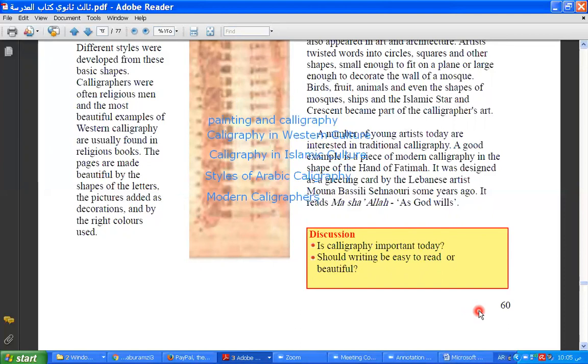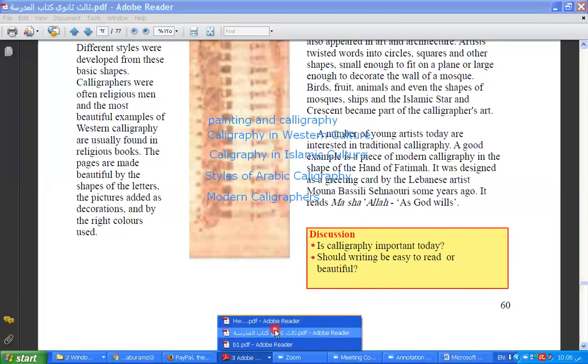But if it is a piece of art or decoration, in some places it should be beautiful because it adds value to the thing being written. Exactly, you are right. I agree with your ideas.